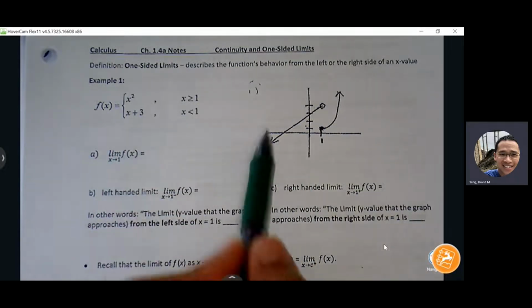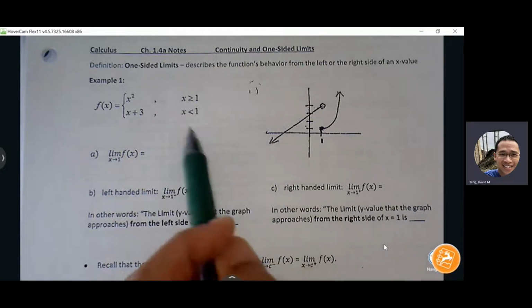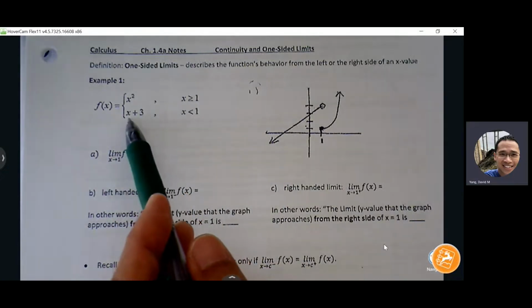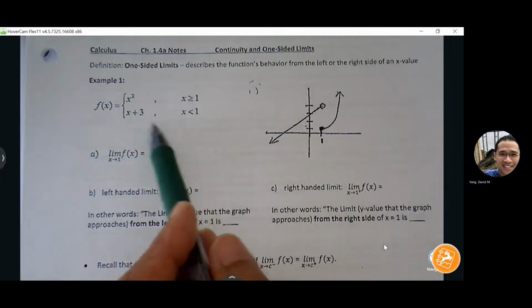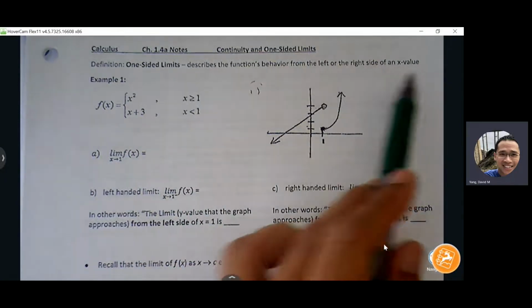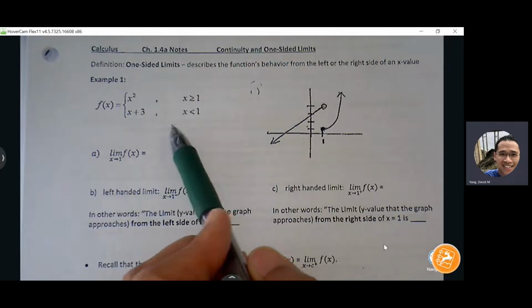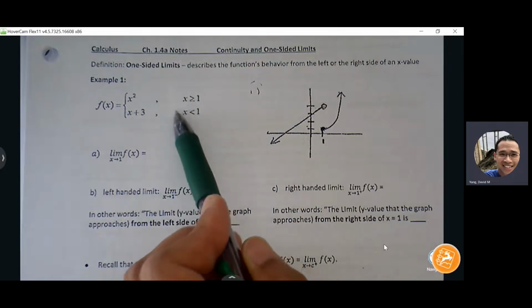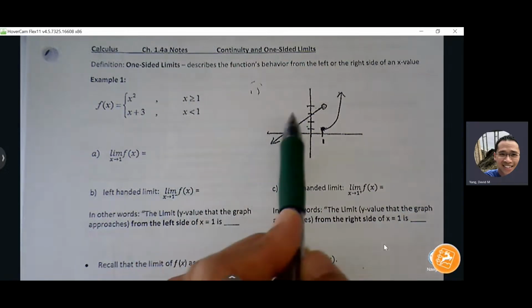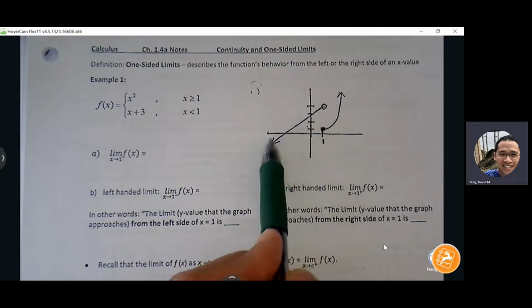X plus 3 is a linear graph, with y-intercept of 3 and slope of 1. But a line usually extends in both directions towards infinity, but it's getting cut off at 1 because it's only going to show to the left of 1. So that's why it looks like a ray here.